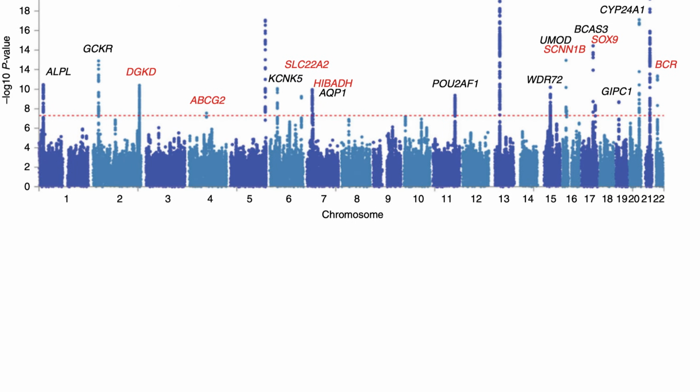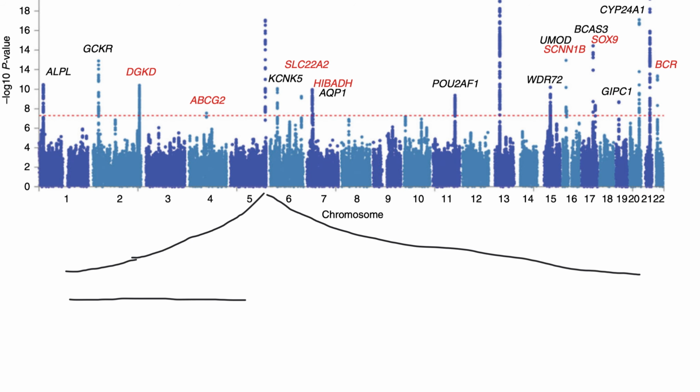Imagine that, for example, this line of dots here is actually a compressed view of the actual chromosome and the single nucleotide polymorphisms that happen along this single chromosome.